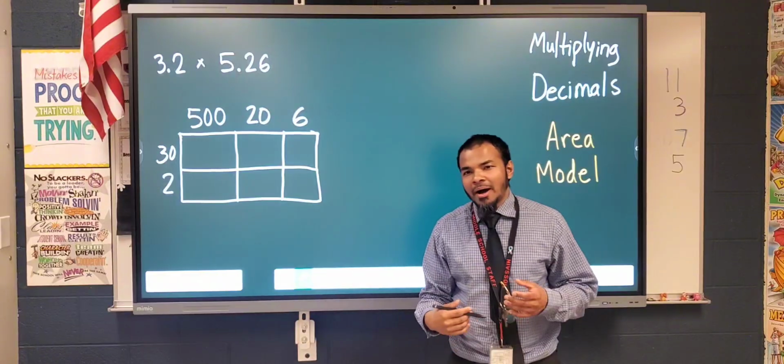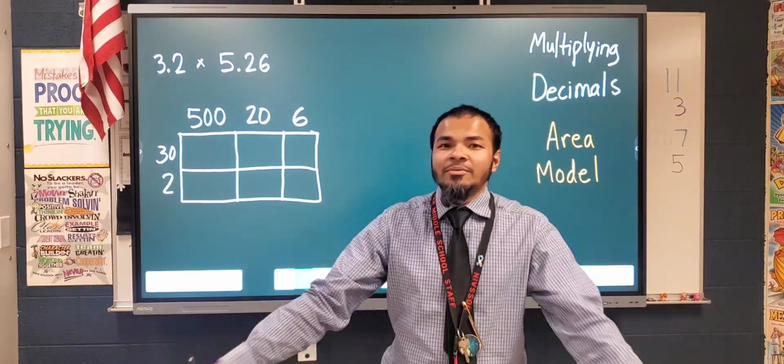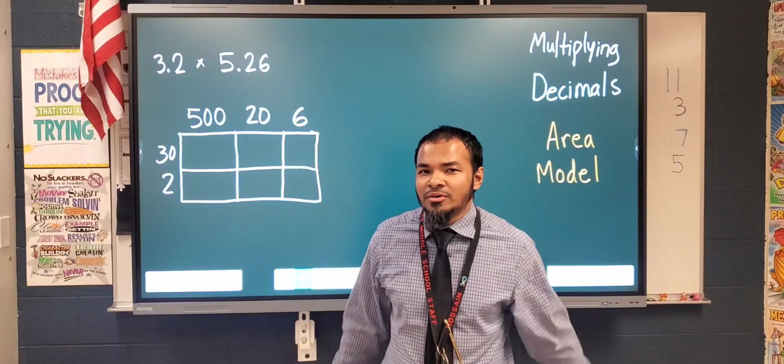When you're doing your area model, what makes it easy is there's a bunch of zeros, and you just add the zeros on.